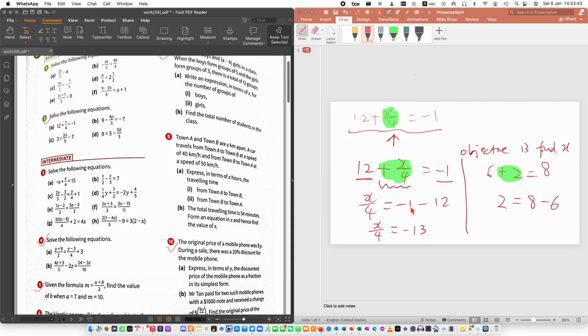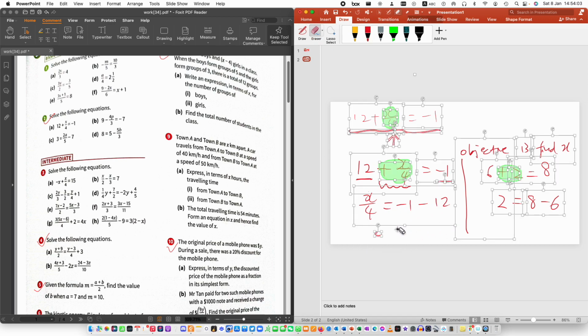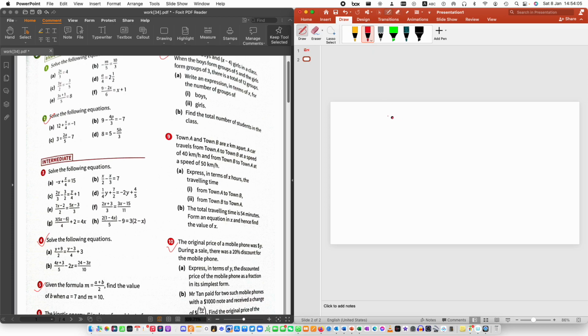I hope you know how I get -13 here. Then what's the next step? If you have x over 4 equals -13, this is something I think we talked about, but I'm not sure if you remember. So what's the next step?